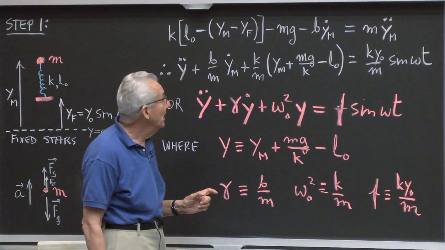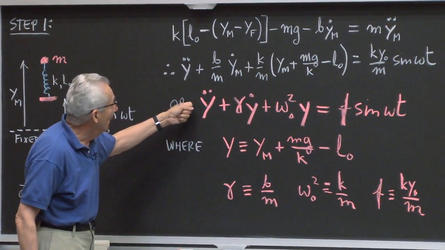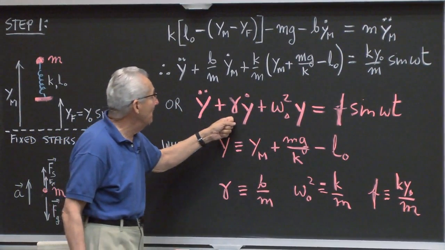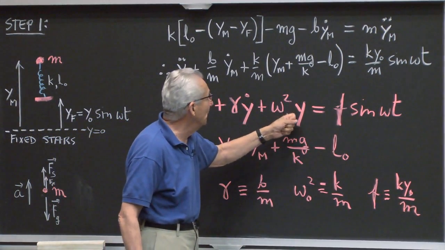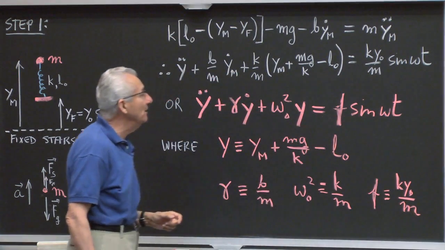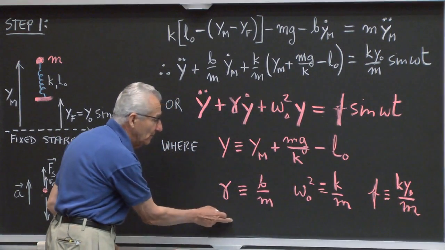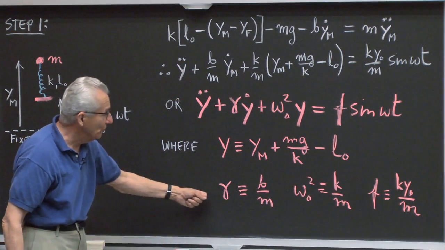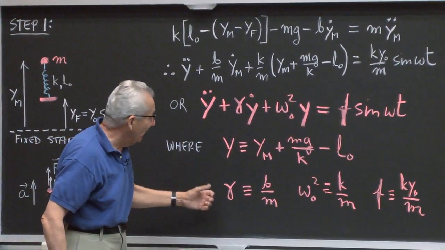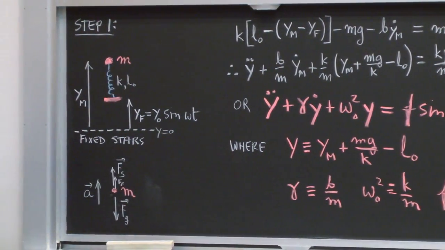These are constants. And therefore, I can rewrite the equation as y double dot plus gamma y dot plus omega 0 squared y is equal to a constant times sine omega t, where these constants are written here, from this equation, and I've redefined my variable. And now, eureka, I'm back again to the same problem.